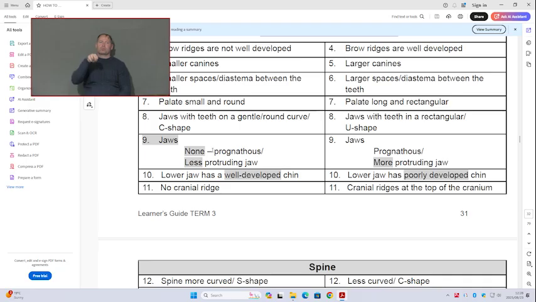Now, when you use the word protruding jaw, for us modern humans, we say less protruding jaws, and then for other primates, it's more protruding jaws. So you must choose between the two. If you are going to use this one, it is none. Then if you use protruding, it must be less.